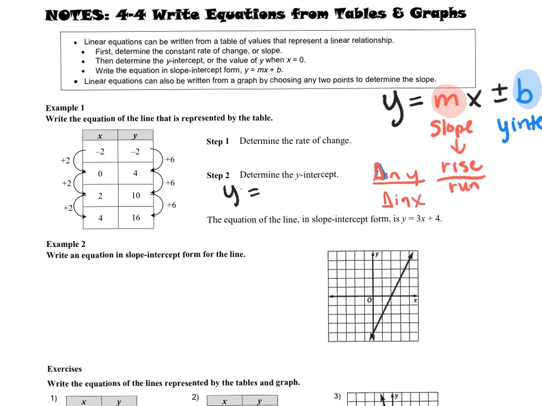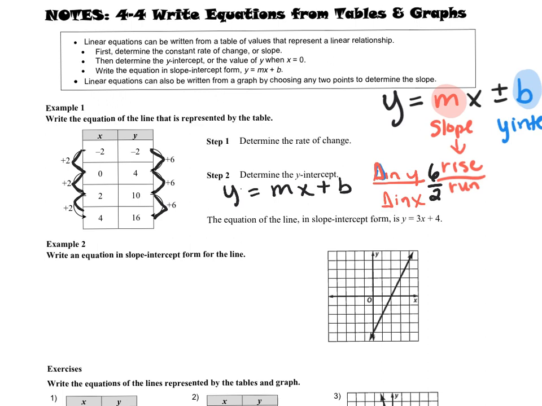So if we have this equation right here, my change in y is what? 6. So my change in x is what? 2. Okay, 2. 6 over 2 reduces to what? 3.